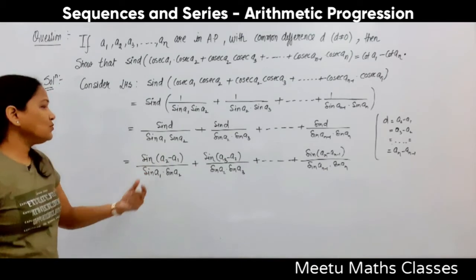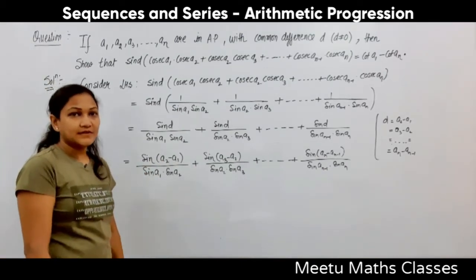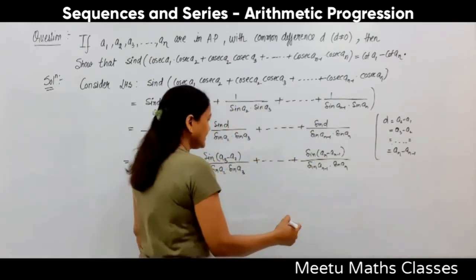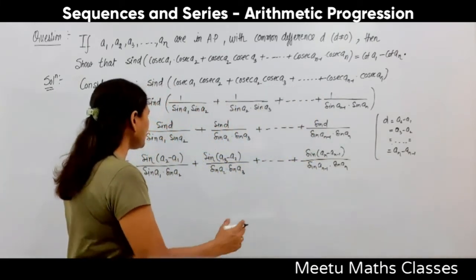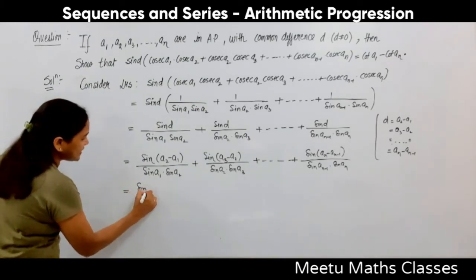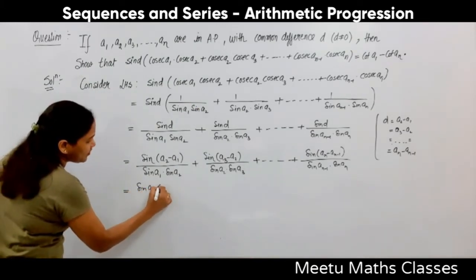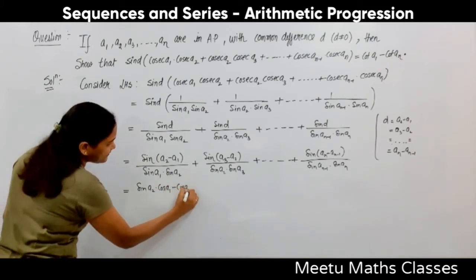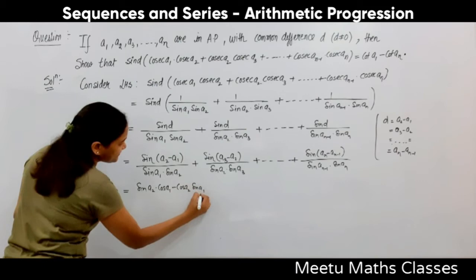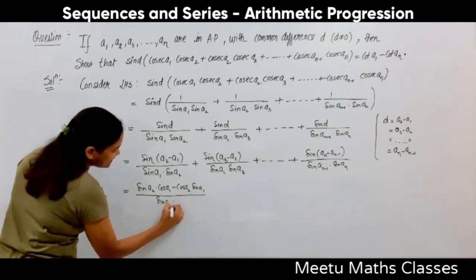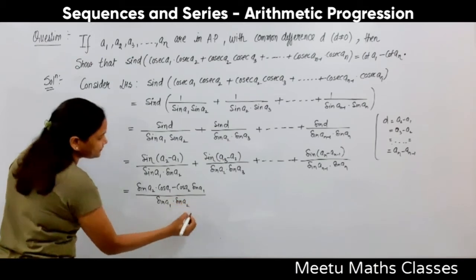Now the formula for sin (A minus B) is equal to sin A cos B minus cos A sin B. So this can be written as sin A2 cos A1 minus cos A2 sin A1 upon sin A1 into sin A2.